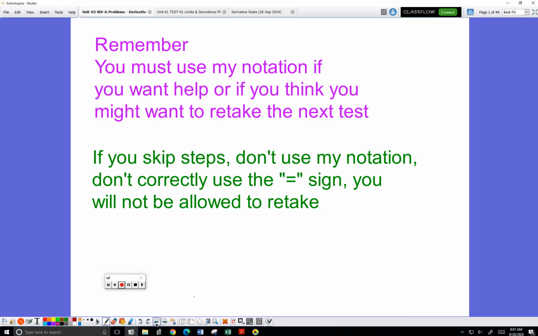It causes nothing but trouble. Don't do it. Don't say, I like writing it this way. It's wrong. The notation I show you is the notation you must use. As you get better and better, I'll help you learn how to write less. But again, you must use my notation. If you don't have my notation, you don't get to retake the test.